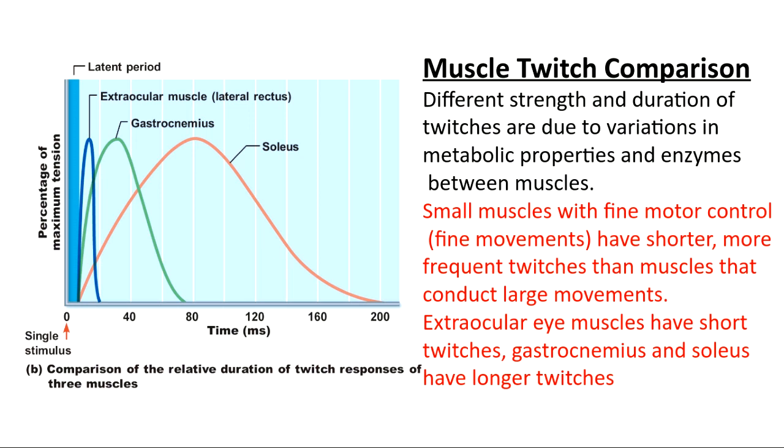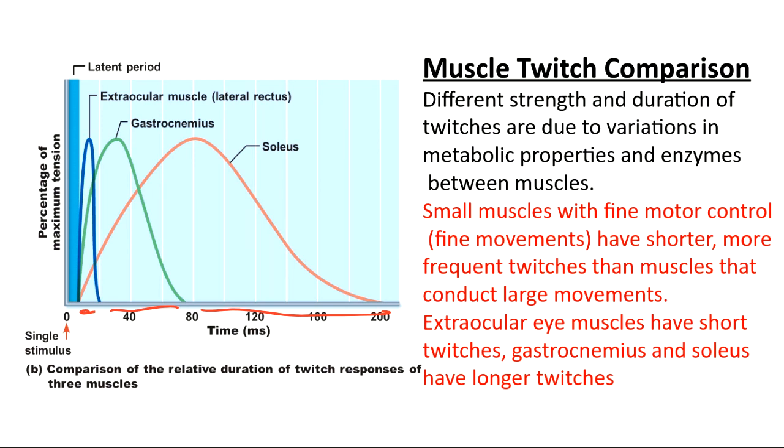Twitches can last a long time or be very, very quick. So they can be of varied lengths. So we have a small twitch, a medium-length twitch, and a twitch that takes a long time. In general, muscles that have very good, very accurate muscle control have small twitches.